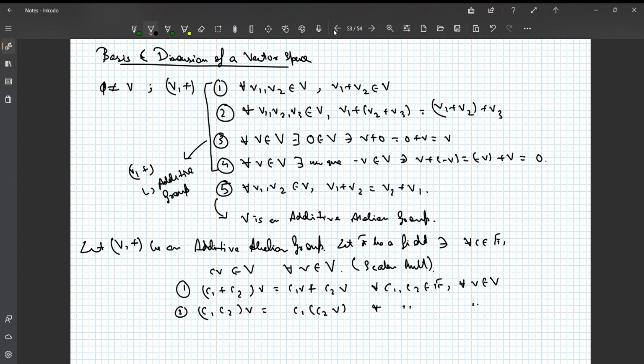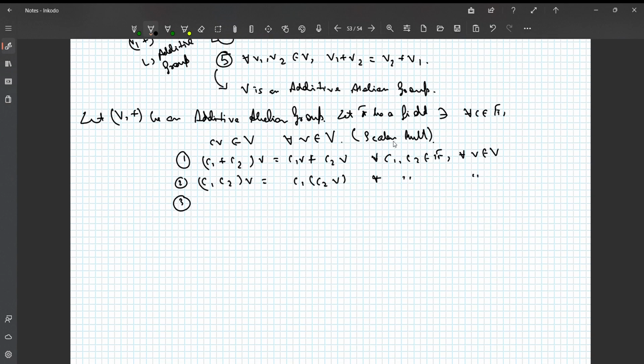This also happens for all c1, c2 in F, for all small v in V. Next, you can also distribute with respect to V itself. So if you have c times (v1 plus v2), then this can be written as cv1 plus cv2. This happens for all c in F, for all v1, v2 in V. And number 4 is that 1 times v is v.